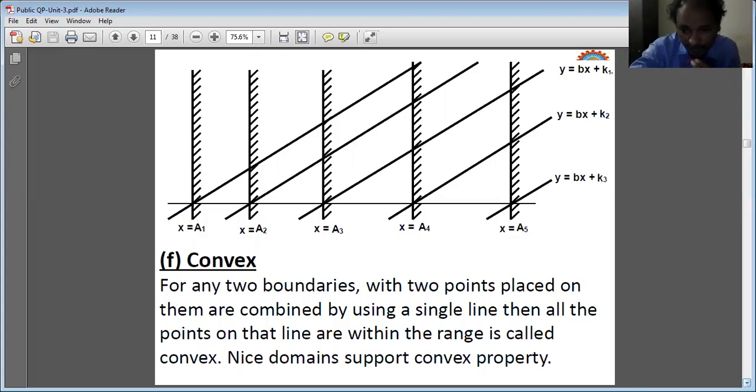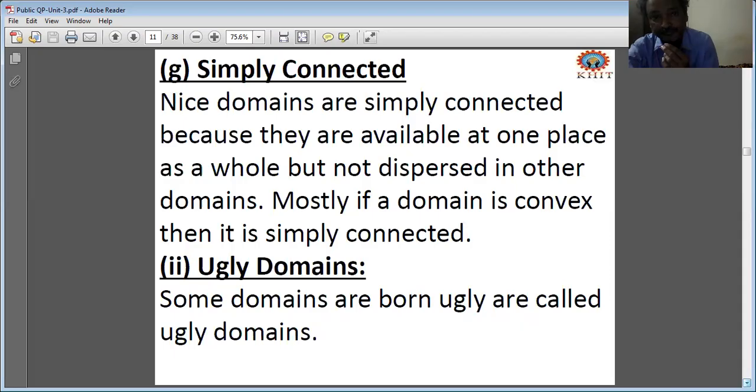Nice domains support the convex property. Simply connected. Nice domains are simply connected because they are available at one place as a whole, but not dispersed in other domains. Mostly, if a domain is convex, then it is simply connected.